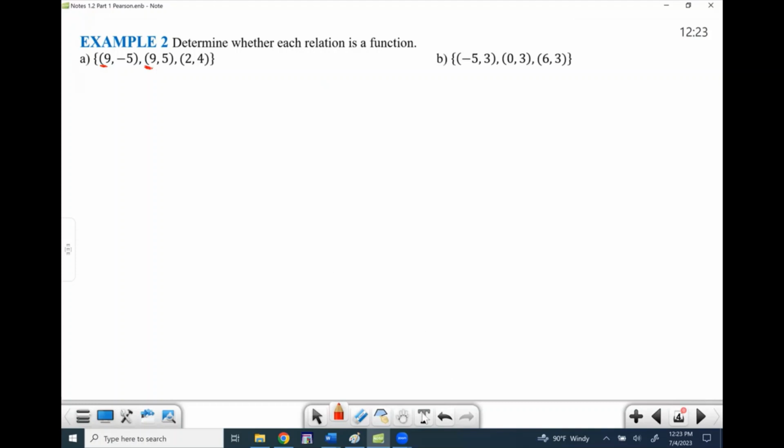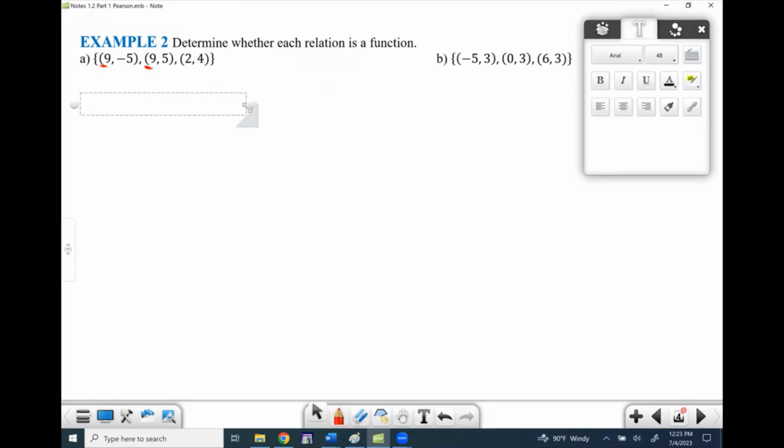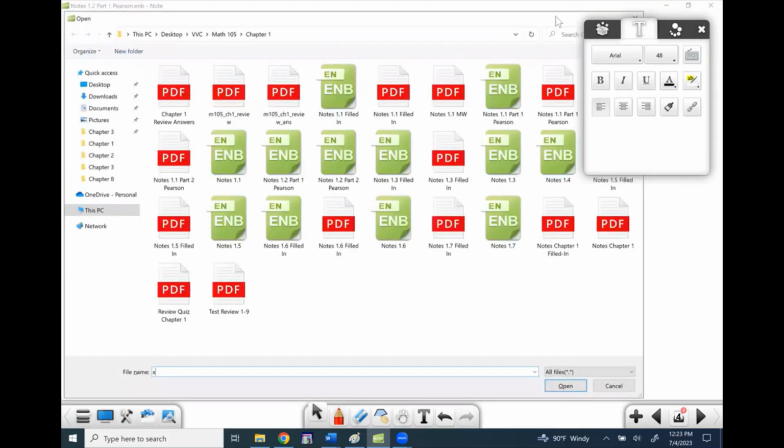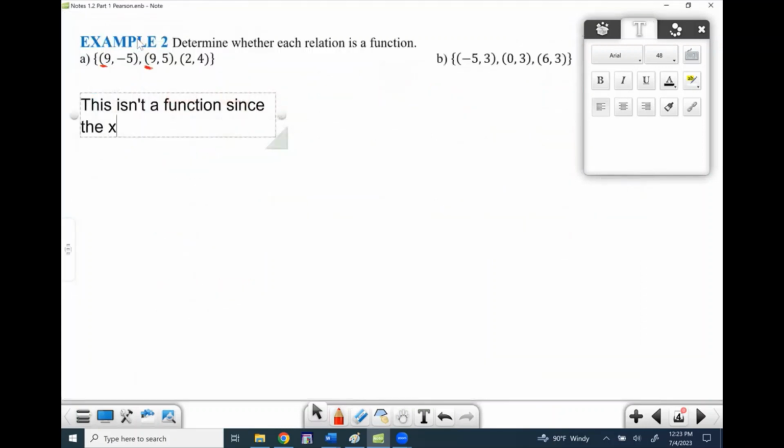So we're going to say this isn't a function since the x value of 9 maps to 2 different y values.